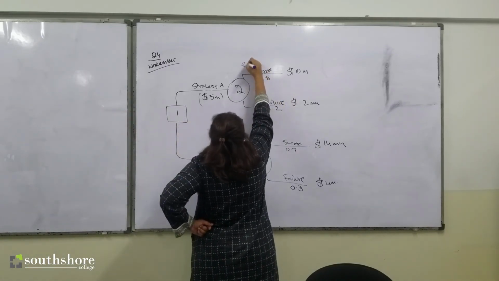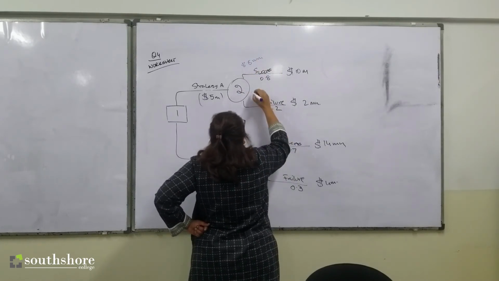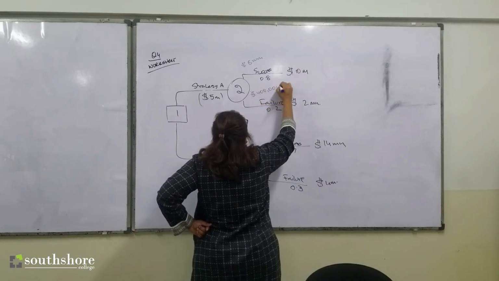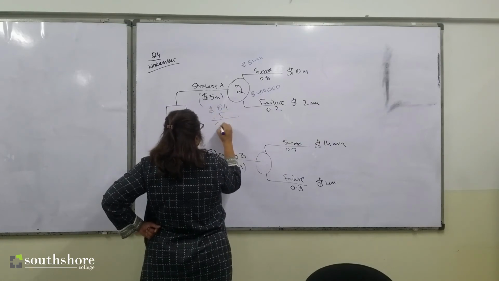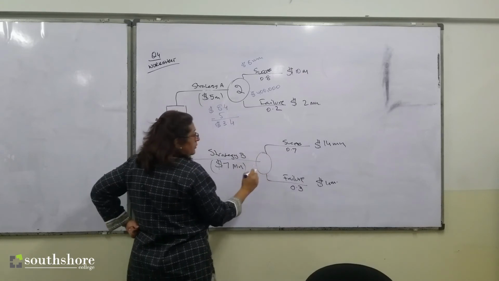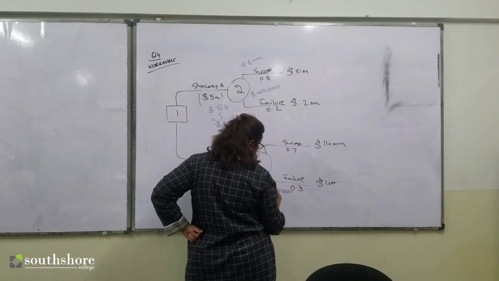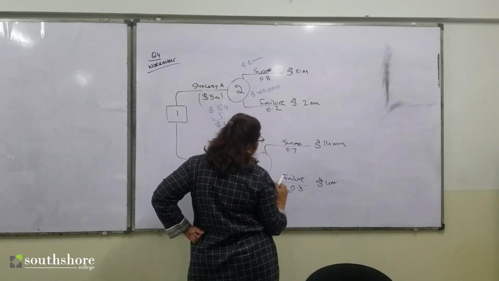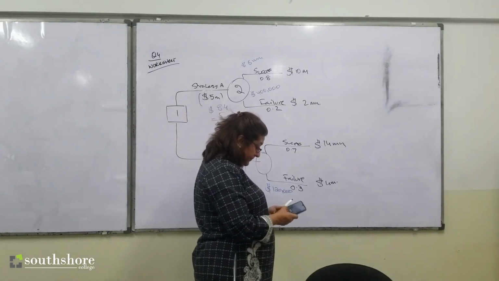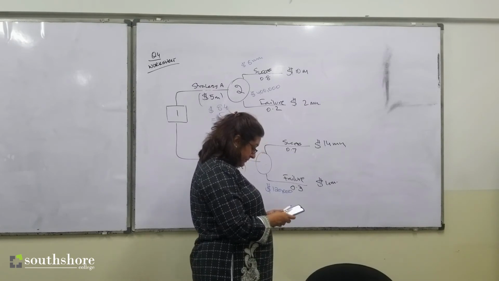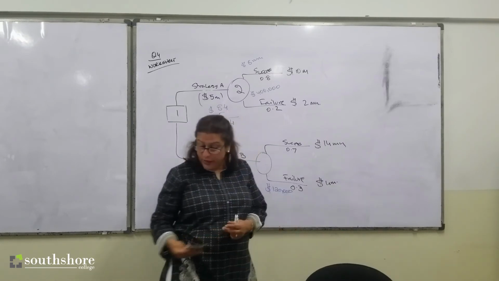This is 8 million and 0.2 is 400,000. So this is basically 8.4 million minus 5 is $3.4 million. This option, this is 120,000 and 7 into 14, 14 into 0.7 is 9.8.